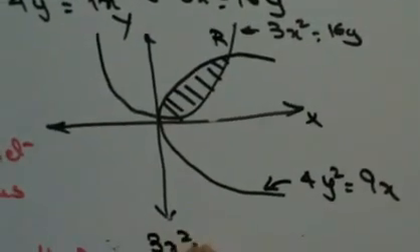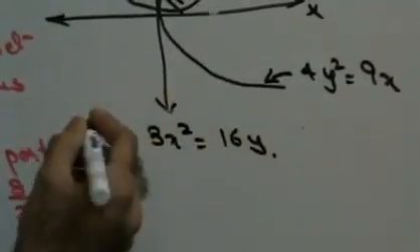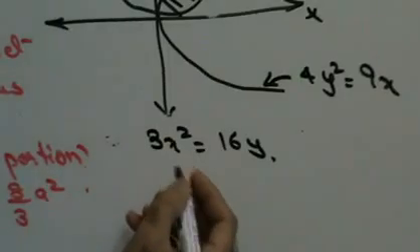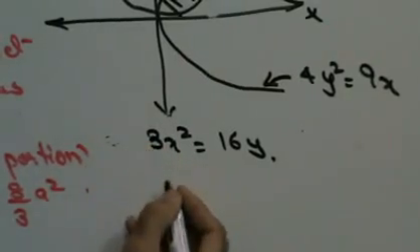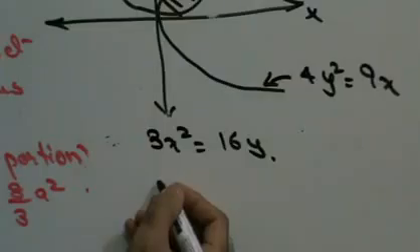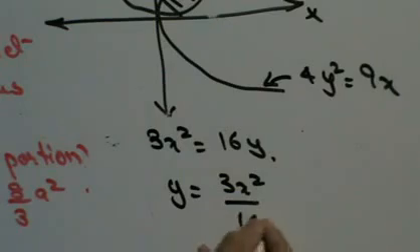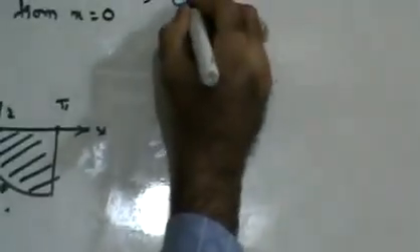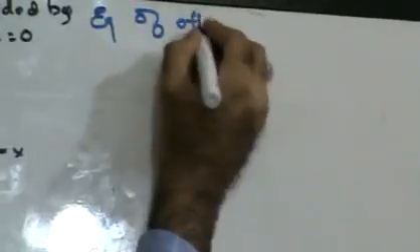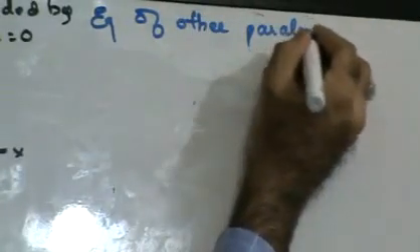I can say that 3x square is equal to 16y, so y is 3x square upon 16. Substitute this equation of y in the equation of the other parabola. Since the two parabolas are intersecting, I should be able to substitute the equation of one in the other. I can say the equation of the other parabola.